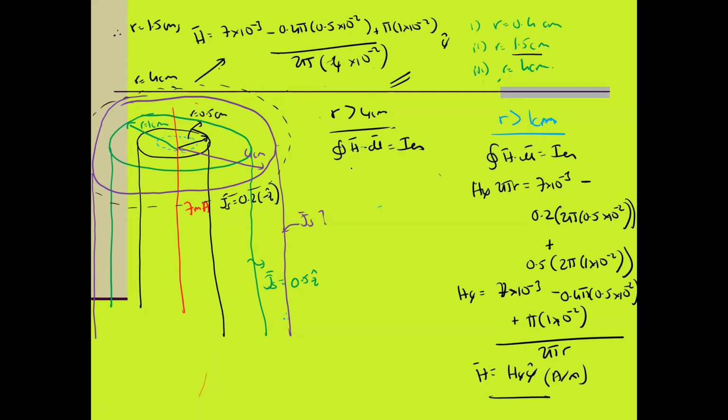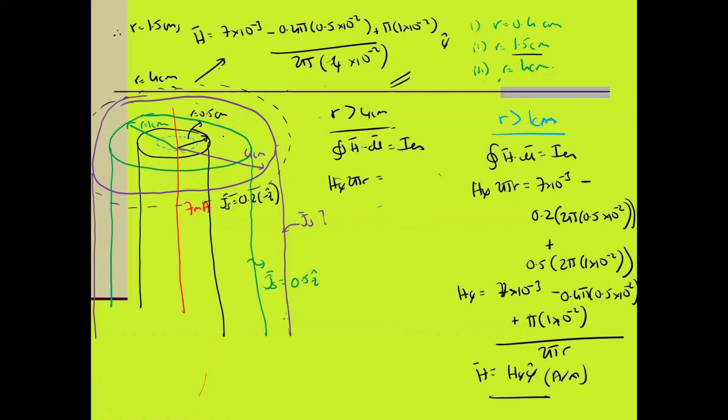For the left hand side, which is the integration in the loop, I'm going to have it as H phi times 2 pi R, while the enclosed current will consist of 4 current distributions.